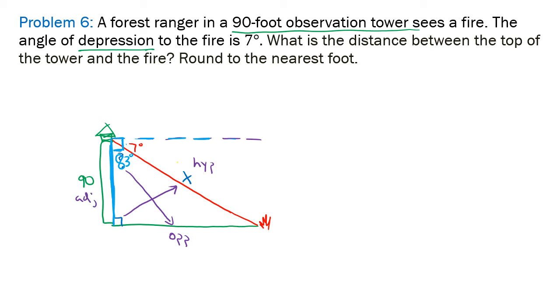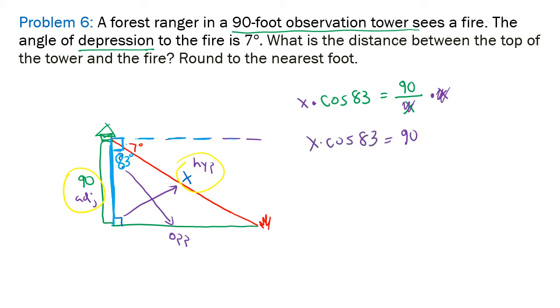So this time they have provided the hypotenuse and the adjacent. That is the cosine function, cosine 83 degrees equals 90 over x. I'm going to multiply both sides by x. The x's over here are going to cancel out, leaving 90 equals x times cosine 83.